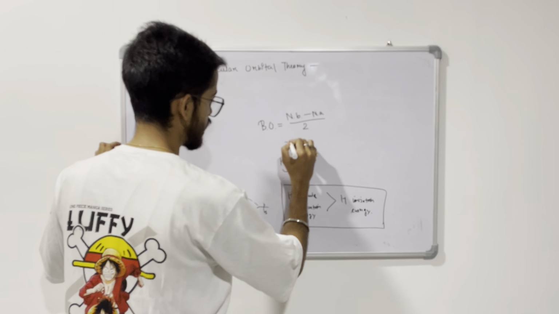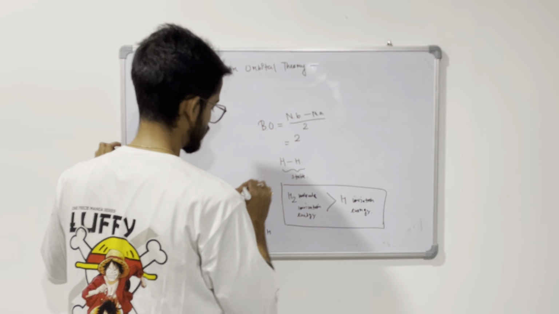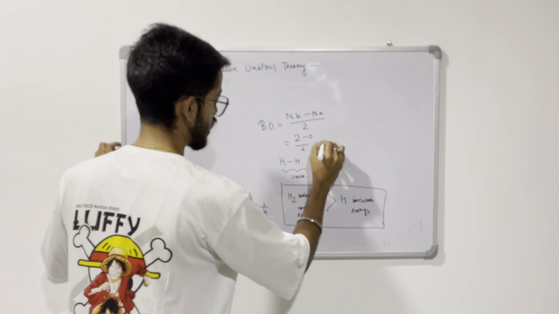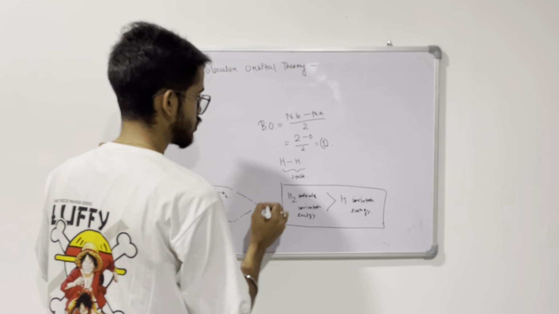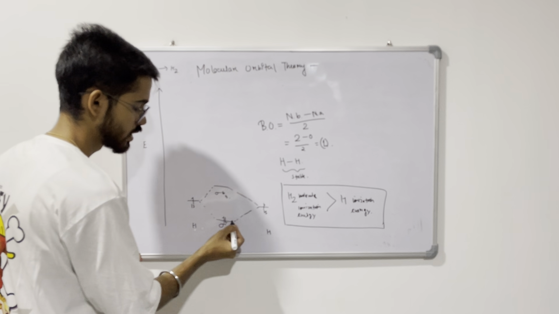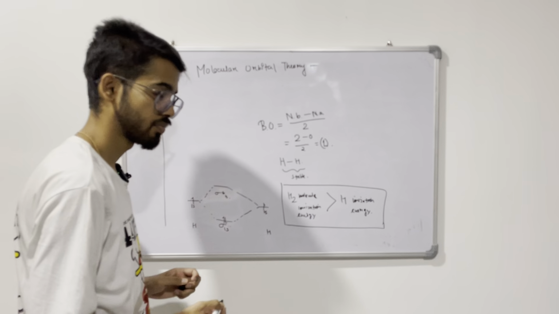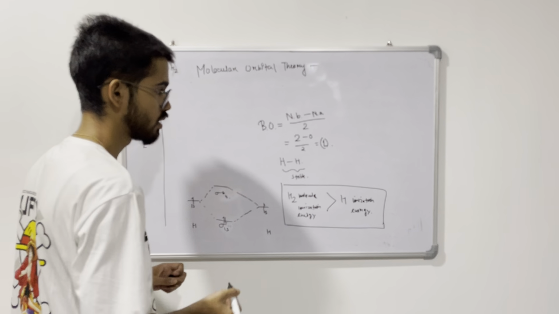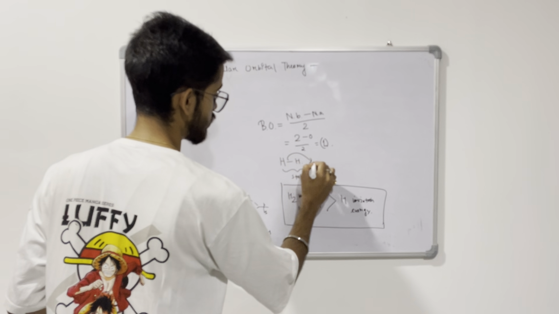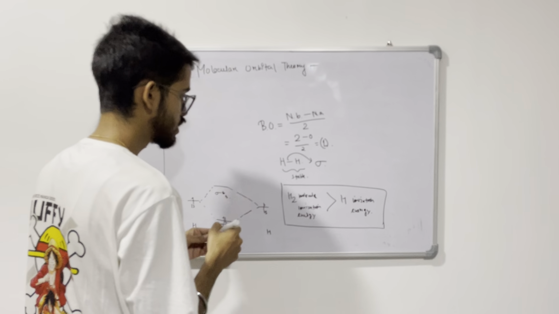In this case there are 2 electrons in the bonding molecular orbital, anti-bonding 0, divided by 2 equal to 1. Therefore 1 bond, which is a sigma bond, because here only sigma electrons are used for the formation of the H2 molecule. So this bond is a sigma bond.